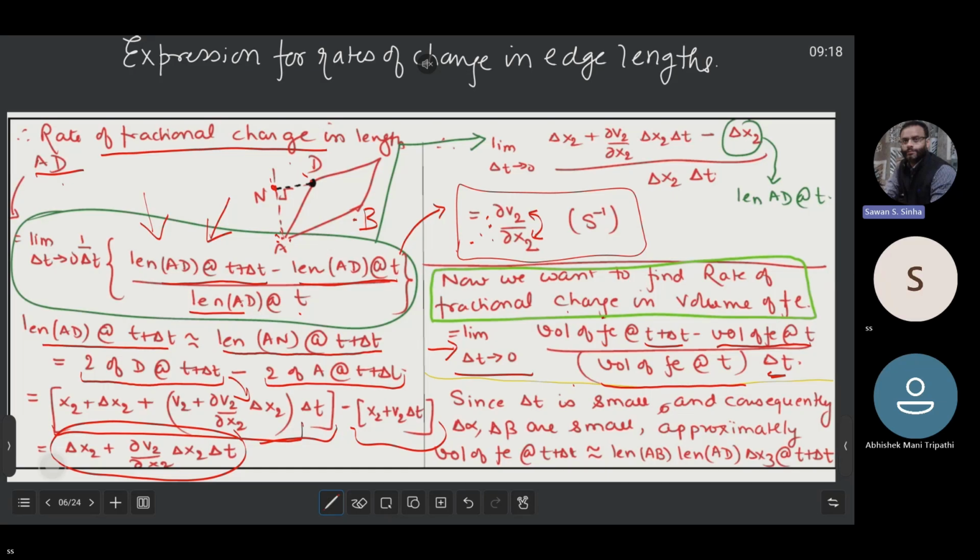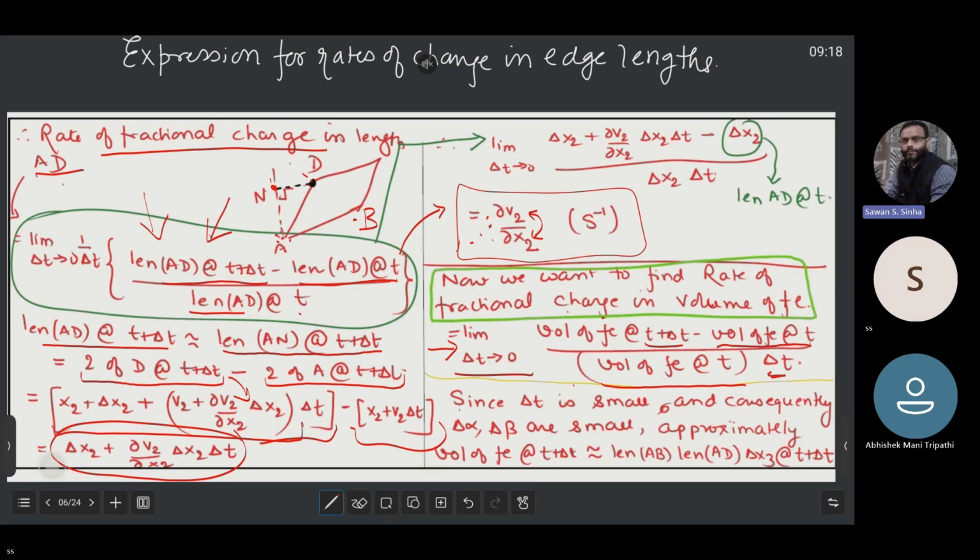I defined a bunch of physically appealing quantities, like the rate at which two edges are collapsing, the rate at which this edge is changing its length, the rate at which the volume of the fluid element is changing. These are all physically sensible quantities, and my quest has been to express those quantities in terms of the background Eulerian velocity field. Okay. Same thing I want to do here.